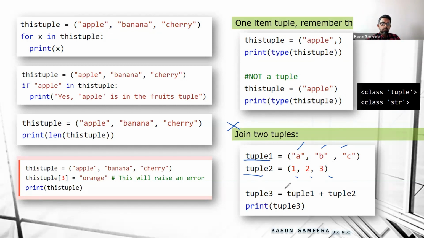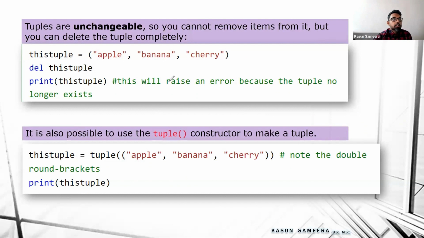Just add them. Tuple 3 is equal to tuple 1 plus tuple 2. Print it. Once joining two tuples together, print the new tuple and see how the values are going to appear. values කොහොමද display වෙන්නේ කියලා බලන්න.